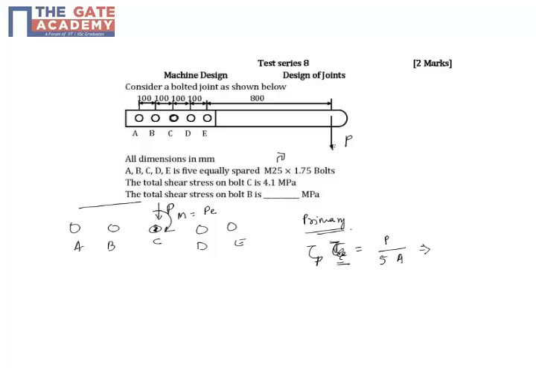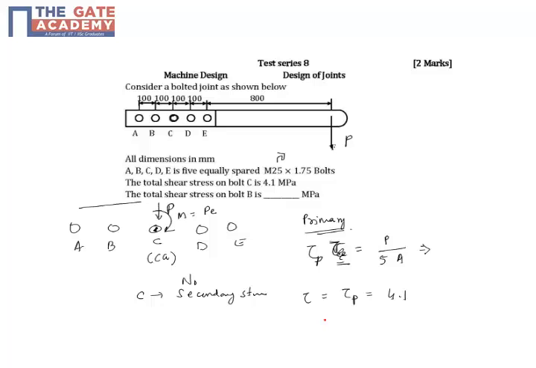Now bolt C lies at the center, at the CG, so it will not have any secondary stresses. So the total stress at C is nothing but tau primary only, which is given as 4.1 MPa.